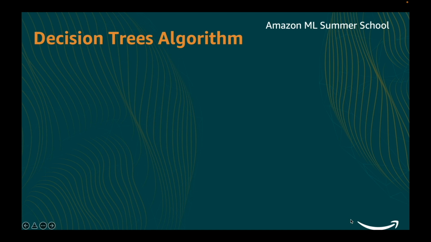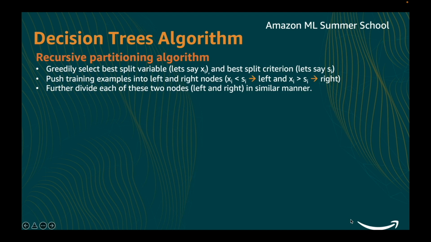So now that we have an idea of what a decision tree does and how it divides the space into multiple regions, let's talk about how you actually go about building such a decision tree from the raw data points. The algorithm you follow is a recursive partitioning algorithm. Essentially what that means is that for every node you do the same procedure.